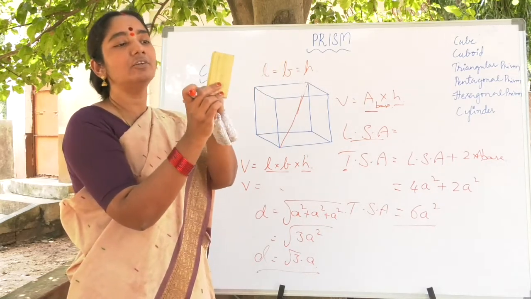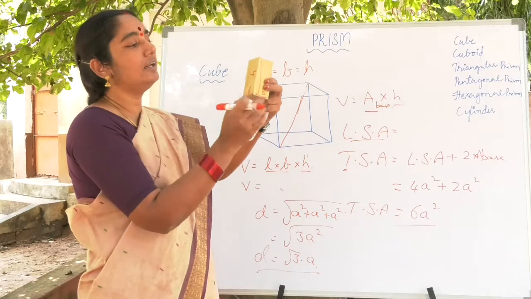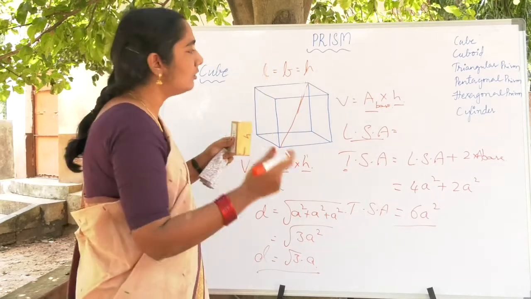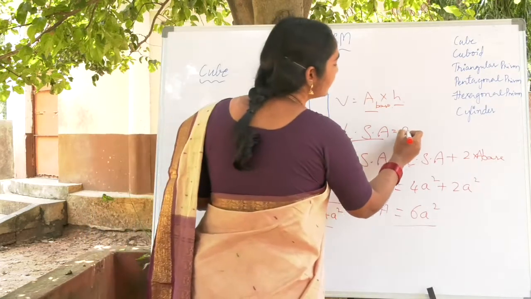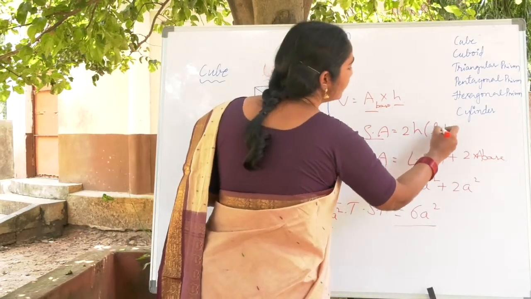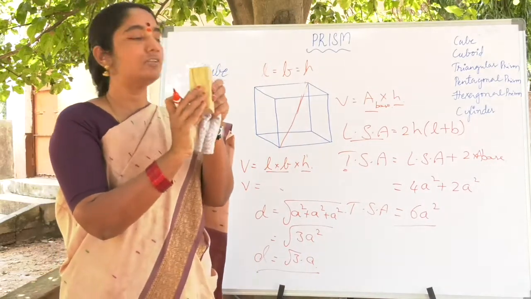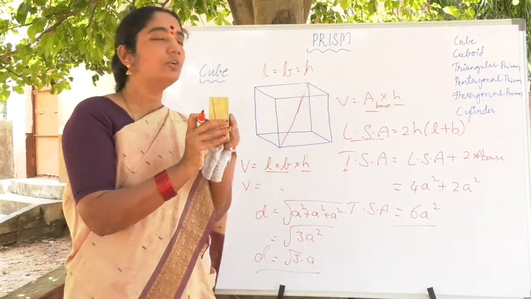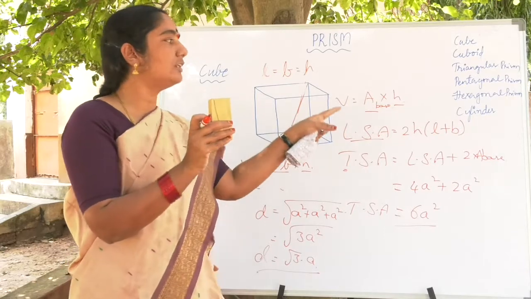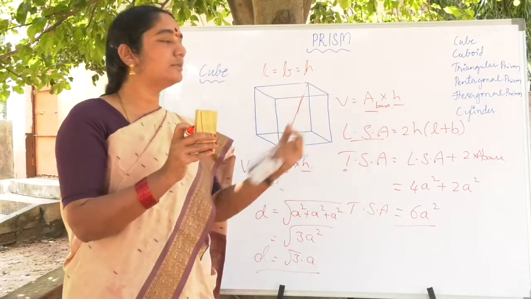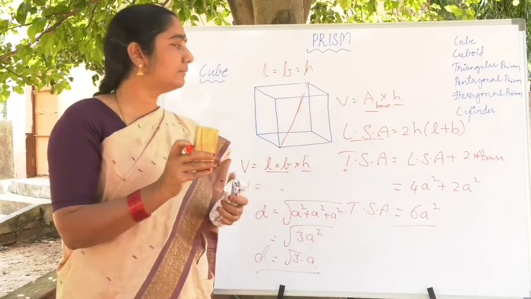So 2H into B. Similarly, L into H. This rectangle is L into H. Two rectangles are of one dimension, that is 2H into L, and 2 rectangles are of the other dimension, 2H into B. Taking 2H as common, the lateral surface area becomes 2H into L plus B.